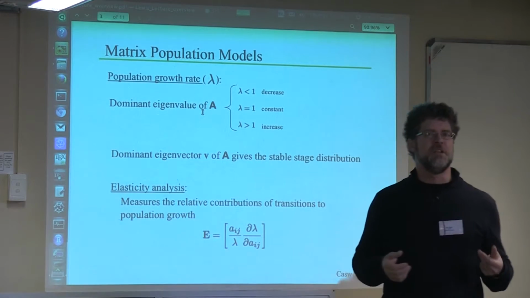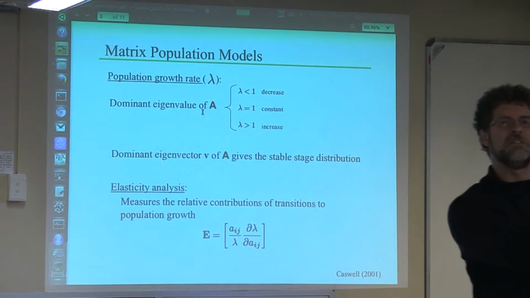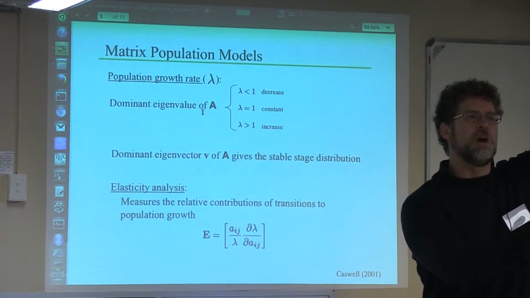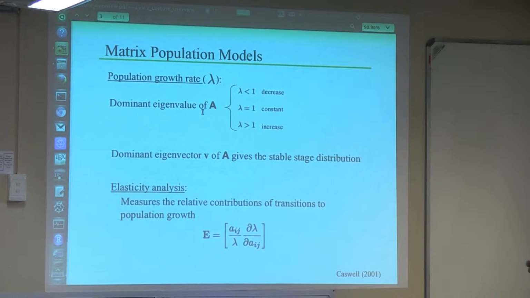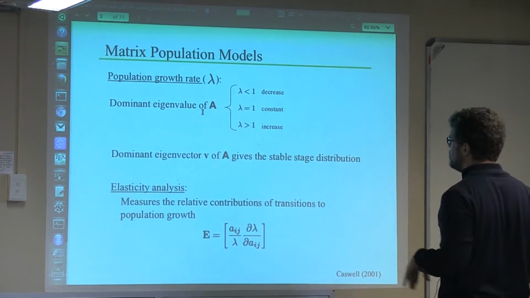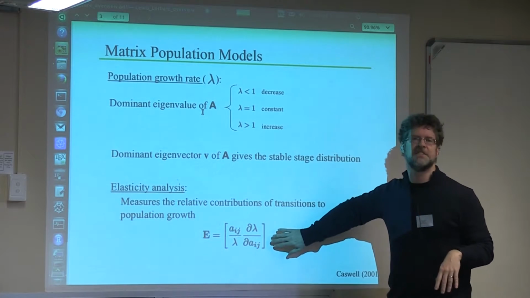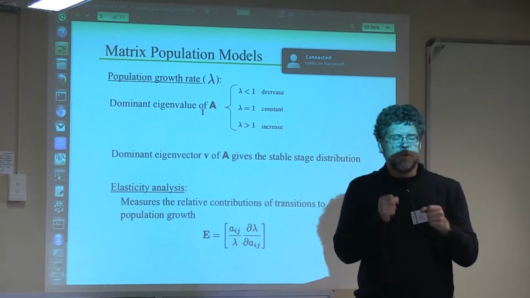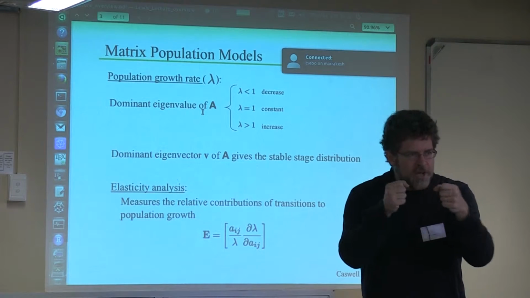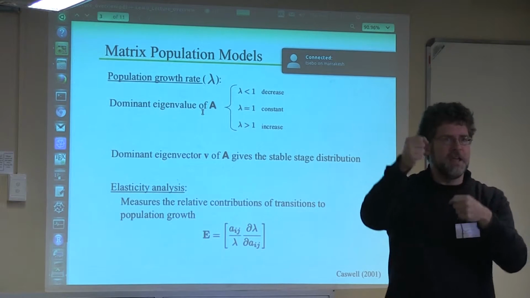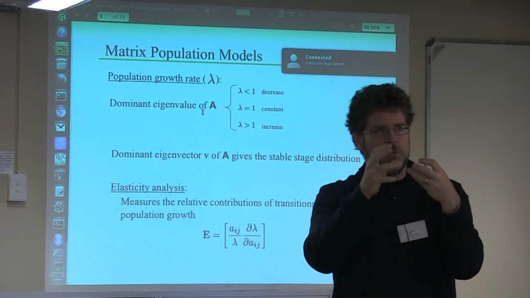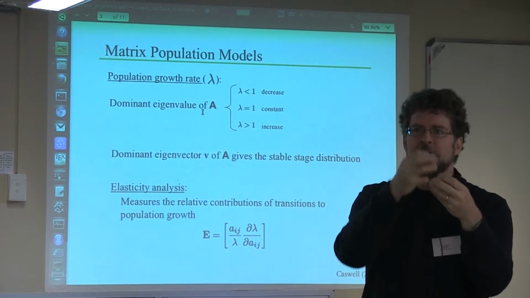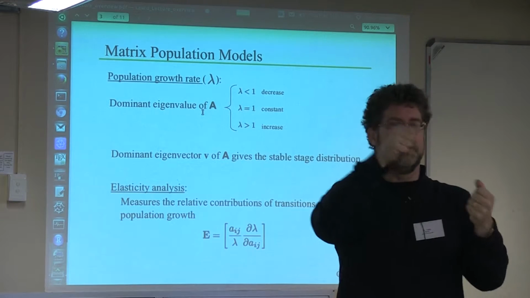The eigenvector associated with the eigenvalue is what we call the stable stage distribution. And that is the proportion of the different components of the population as the population starts to grow at rate lambda. And then the other thing we talked about was this thing called elasticity analysis, where you perturb the eigenvalue by changing some of the entries of A. And something that's highly elastic is something where a small amount of change in one of the parameters makes a large change in lambda.